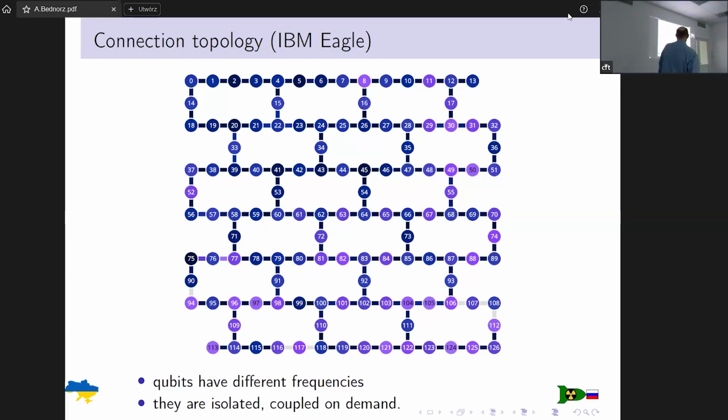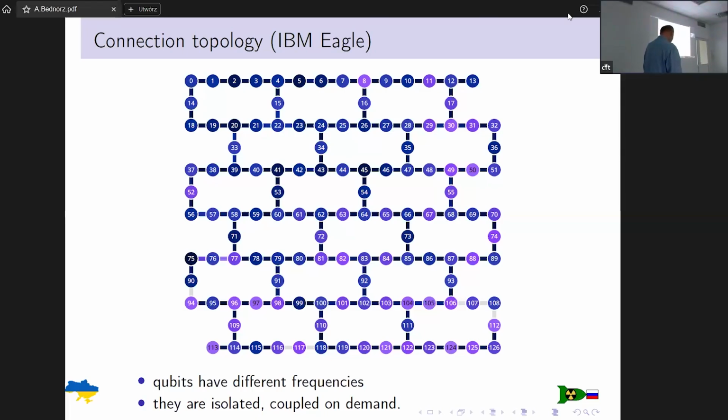It's not all-to-all connections like for ions, but still you can move away, maybe not very far, because whenever you move information from qubit to qubit, you lose some. I remember when I started with this Eagle, I wanted to entangle qubit 0 with qubit 126. It doesn't work. The distance is so long that there's no entanglement at all.